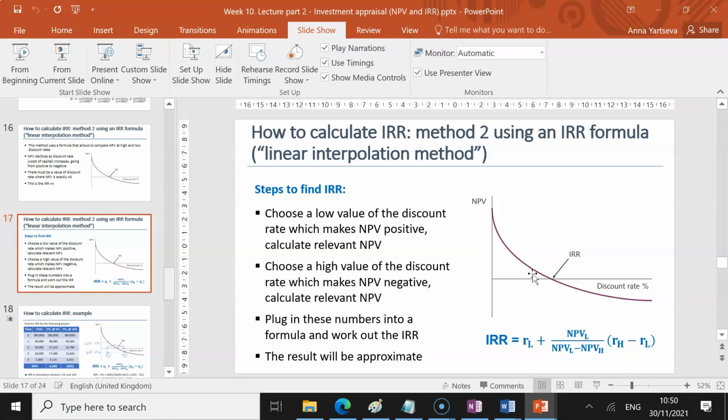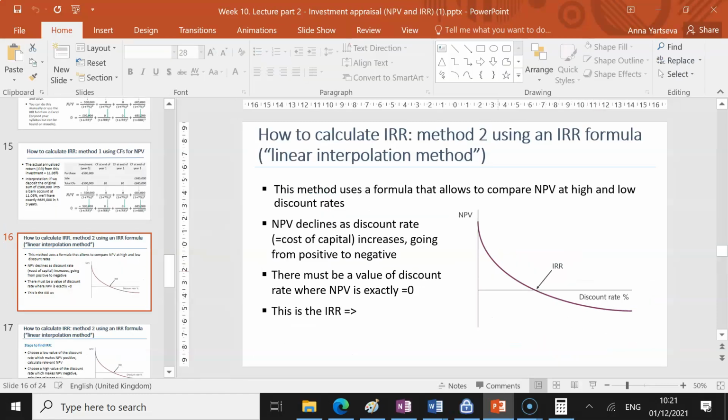You select one low discount rate, which will make your net present value positive, and one high discount rate, which will make it negative, and plug the numbers into the formula. Net present value is always calculated at a certain discount rate, and it can be positive or negative. If you use a very high discount rate, net present value will decline.